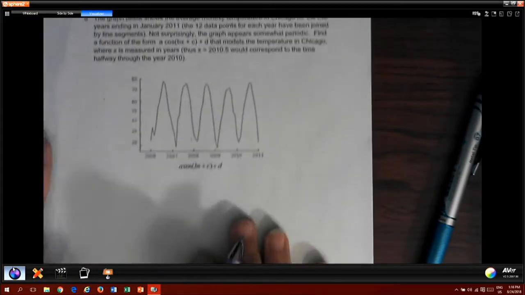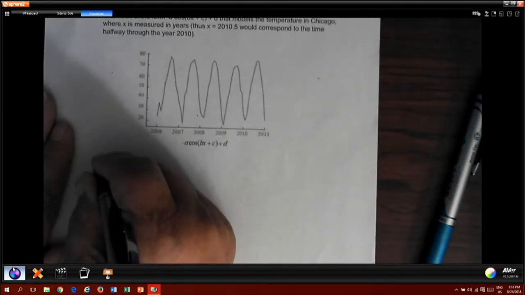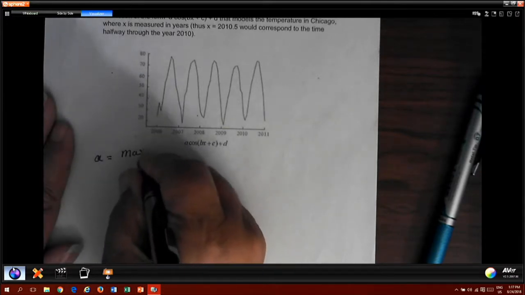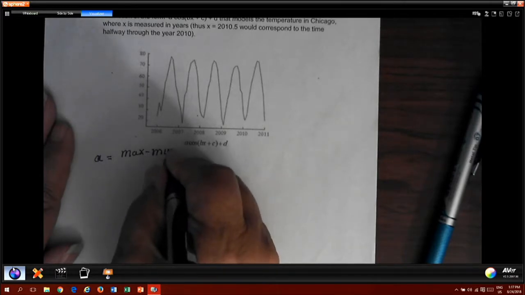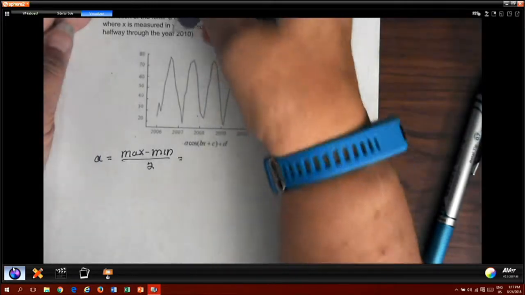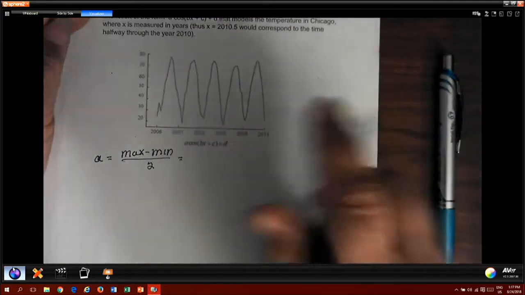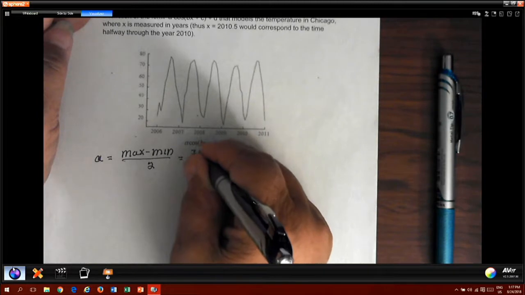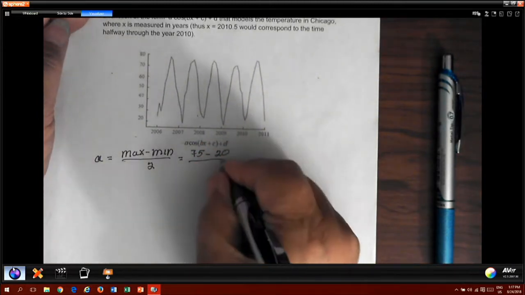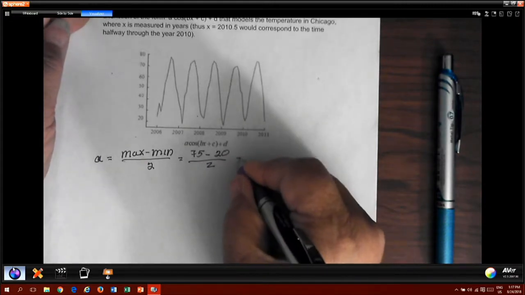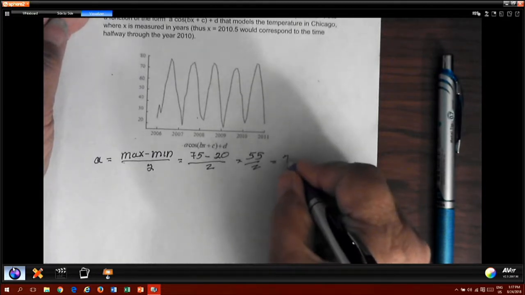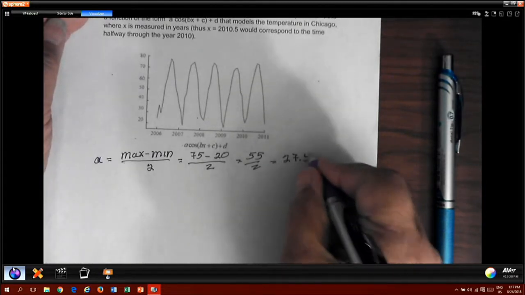Well, here's how it works. A, which is the amplitude, is the max minus the min over 2. And the max appears to be about 75. The min is about 20. 55 over 2 is 27.5.